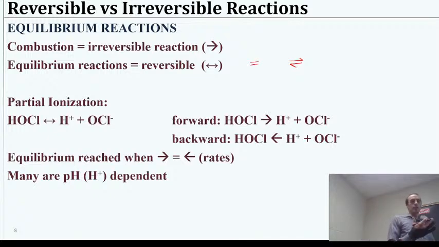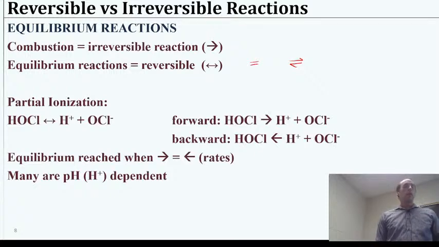And essentially, the equilibrium reactions are almost always some sort of partial ionization or partial dissolution, where you could come back to maybe a solid or come back to a non-charged species.